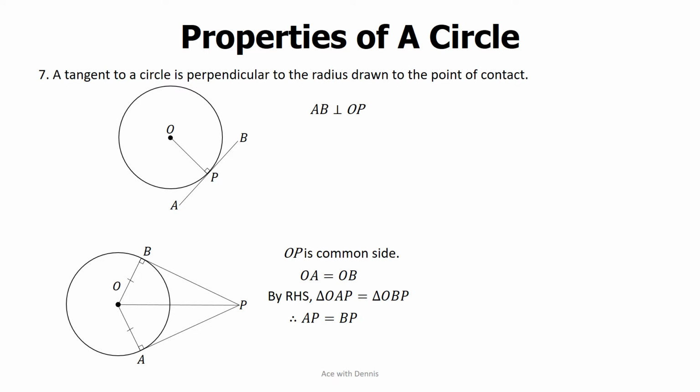Therefore, the length AP equals the length BP. Hence, angle APO equals angle BPO, and angle AOP equals angle BOP. From here, we can say that OP is the angle bisector of angle APB and angle AOB.